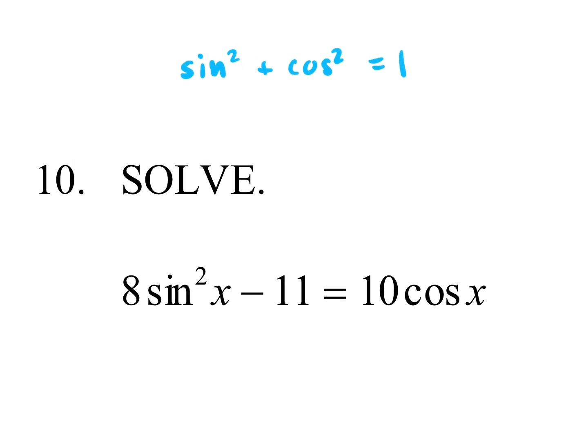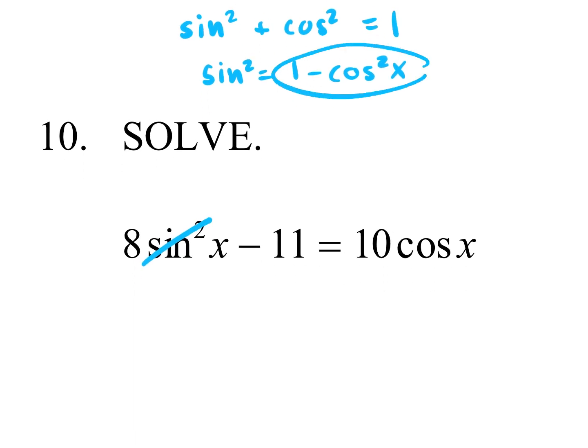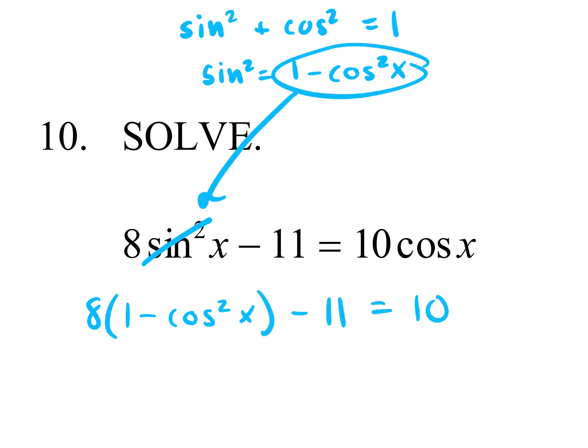So to figure out what sine squared is equal to, I know sine squared is equal to 1 minus cosine squared. So I'm going to take out this sine squared and replace it with the 1 minus cosine squared. So I have 8 times 1 minus cosine squared x minus 11 is equal to 10 cosine x.